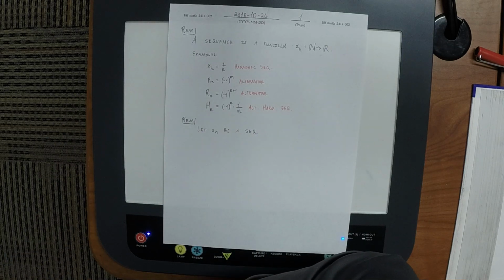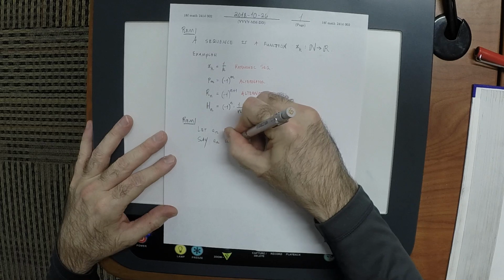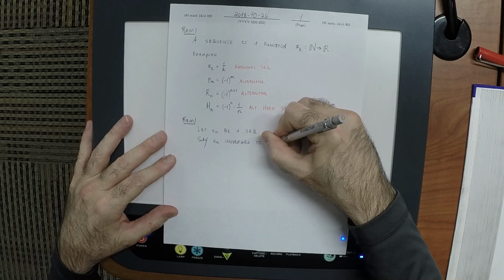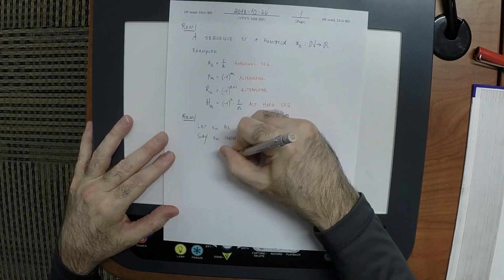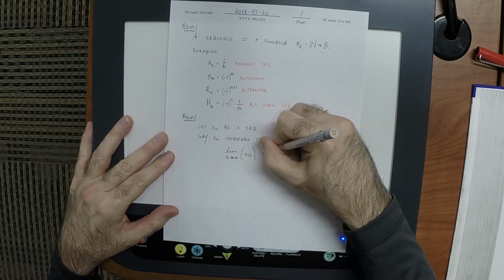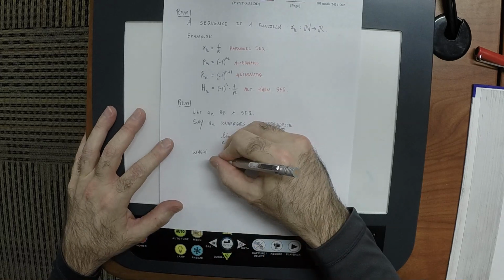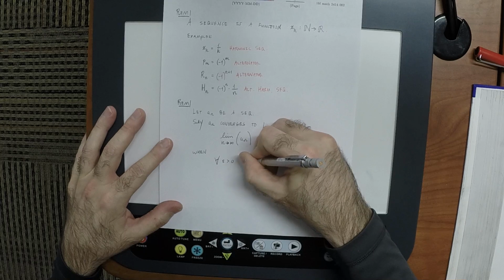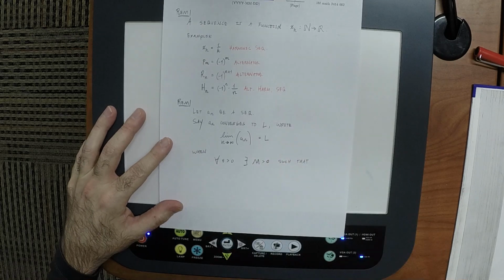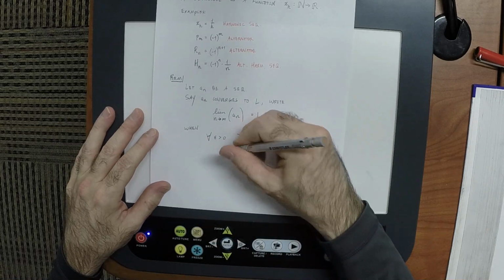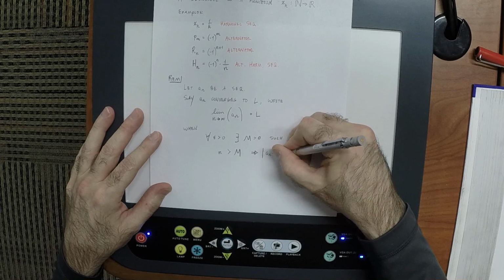We say that a_n converges to L and write that the limit as n goes to infinity of a_n is L when, for all epsilon greater than 0, there exists a big M greater than 0 such that little n more than big M implies the absolute value of a_n minus L is less than epsilon.